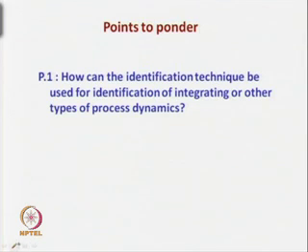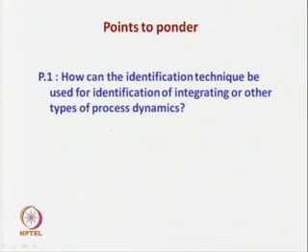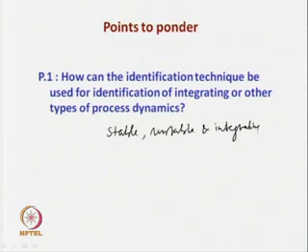Now, the identification technique can be used for identification of integrating or other types of process dynamics, as I have already explained. With proper choice of C, the parameter C associated with the underdamped second order plus dead time transfer function model, it is possible to identify either stable, unstable, or integrating process dynamics.